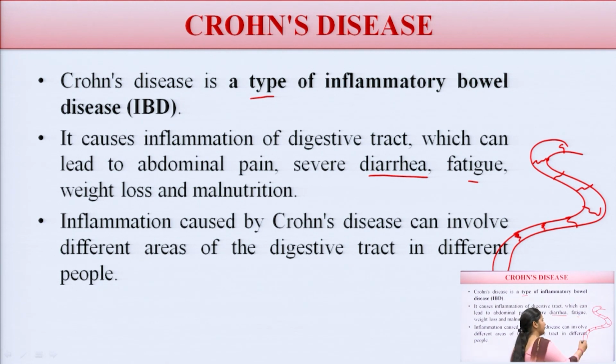They are not continuous, they are only alternating, meaning there are different areas. This is an example of the small intestine, but there are different parts of the digestive system where Crohn's disease may occur.